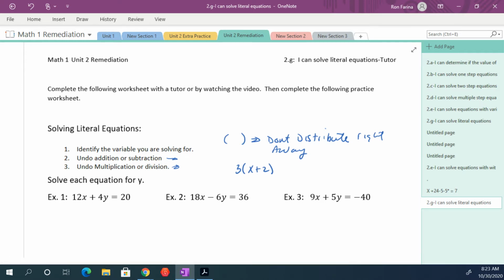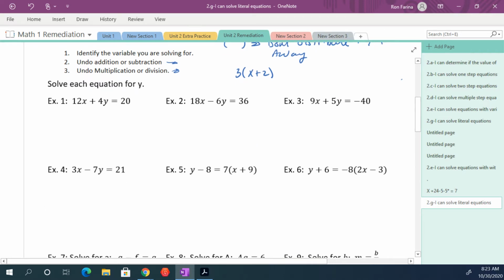How do we undo multiplication? Division. So you could potentially just divide by 3. So sometimes when you distribute, you make more work for yourself. All right, and that's where the literal equations gets a little confusing. Sometimes it benefits to distribute, but a lot of times it doesn't. Okay, so let's take a look here.